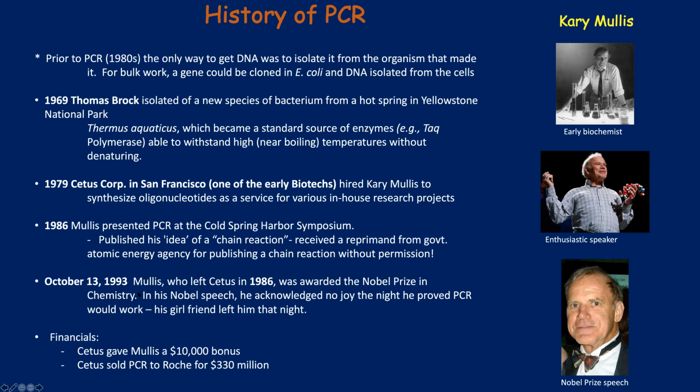And an interesting side note here, when you get the Nobel Prize, you have to go to Stockholm and make a speech. In his speech, he acknowledged that he had worked very hard, almost continuously, because he was very excited about PCR. The night he proved that it would work, his girlfriend left him because he had virtually ignored her while he was working on PCR.